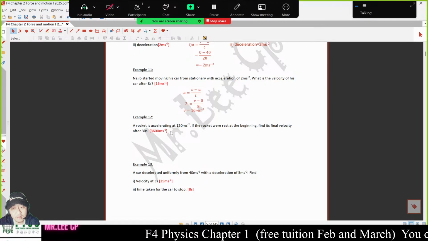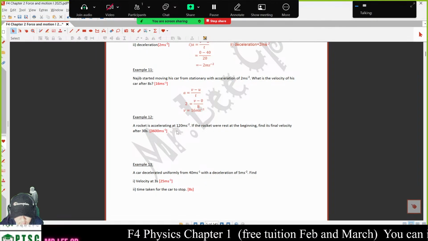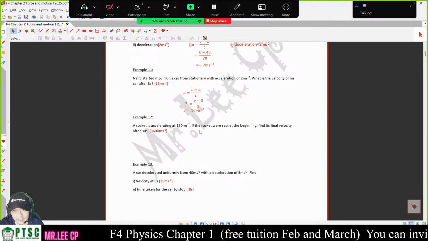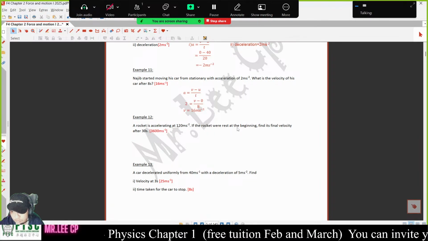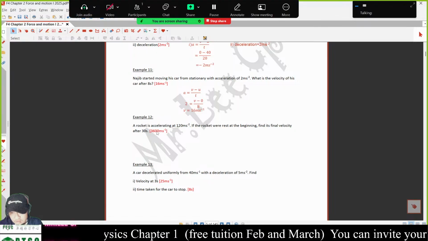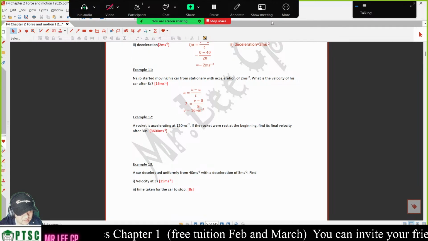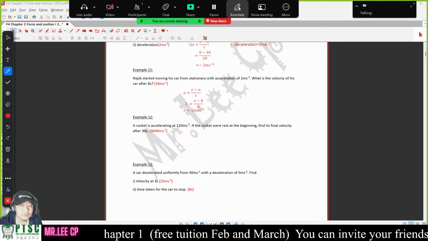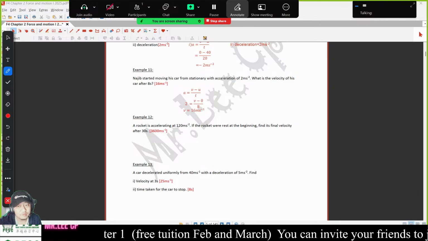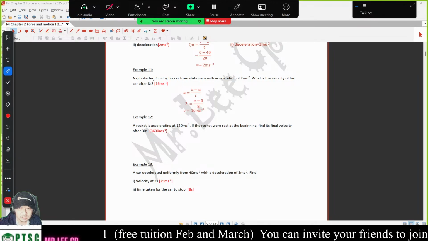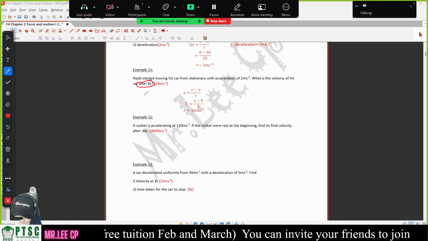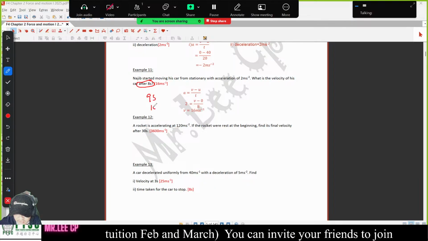A rocket is accelerated at 120. If the rocket were resting at the beginning, what is the final velocity after 30 seconds? Now, of course, some of you were not really sure. Teacher, this is after at second. After a second means 9 seconds or 10 seconds also can, right?